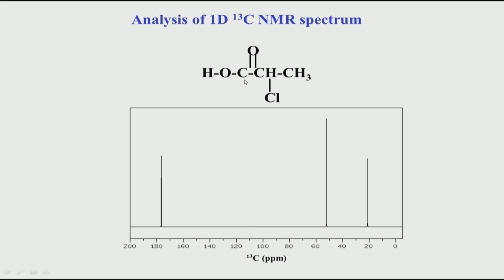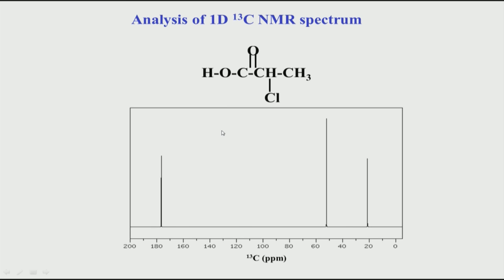Now, again if you look at the chart of expected carbon peaks, we saw that carboxylate comes somewhere around 180 ppm, and that is what is shown here, a peak at 180 ppm, a little bit downfield compared to the ester group. If you recollect, there is a slight distinction between ester and acid. In case of ester, it comes somewhere around 160 to 170, whereas in a carboxylate group, the carbonyl carbon comes somewhere between 170 or 180 to 190.